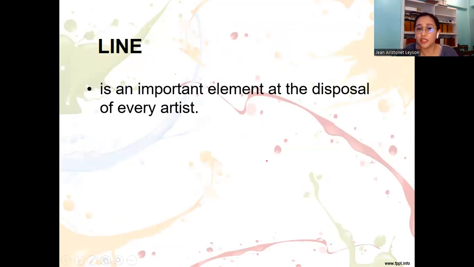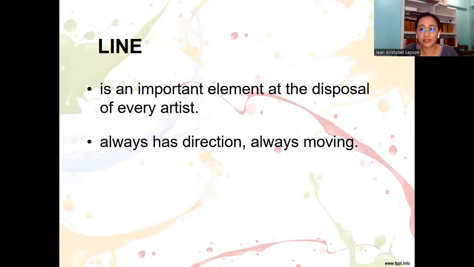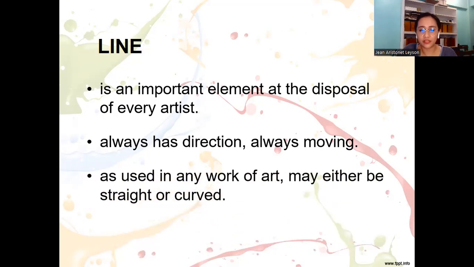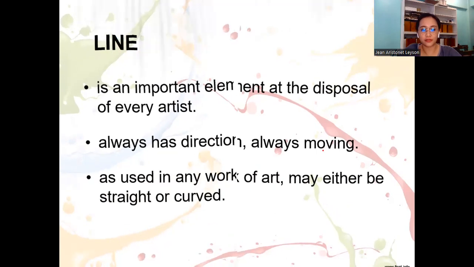Every artist uses this element in their artwork. It always has direction. It is always moving. As used in any work of art, it may either be straight or curved depending on the artist. So the type of line that he or she will be using will vary.